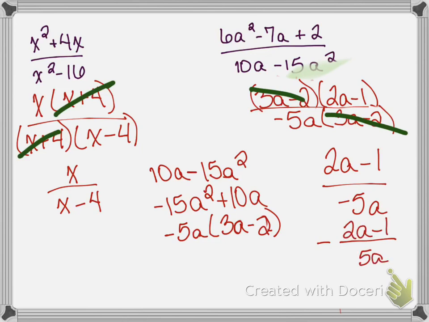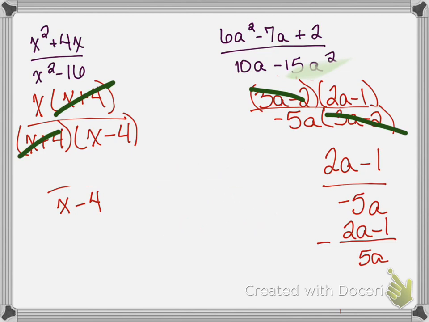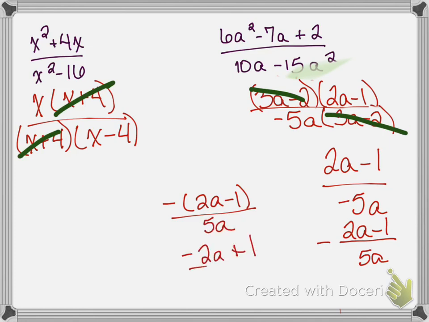Now, the other thing that you will get full credit for is moving that to the numerator. But if you move it to the numerator, you've got to distribute it to the whole thing. So that leaves you with negative 2a plus 1. And then it's written 1 minus 2a over 5a. I know I'm running out of room there.